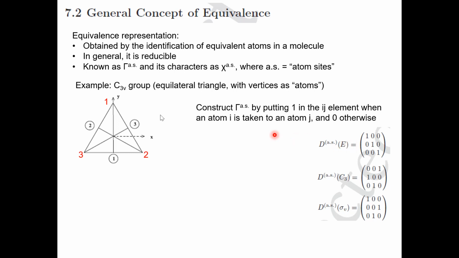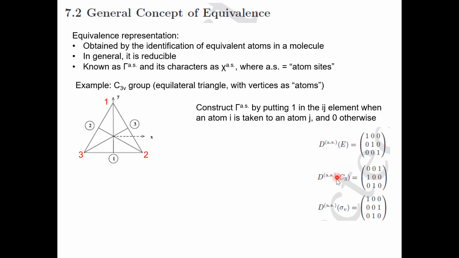For the identity, atom 1 goes into atom 1, atom 2 goes into atom 2, atom 3 goes into atom 3. So I have 1, 1, 2, 2, 3, 3. I put ones in the positions where atom I goes into atom J. So this is a trivial case.